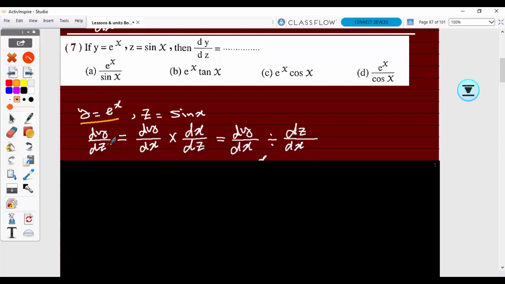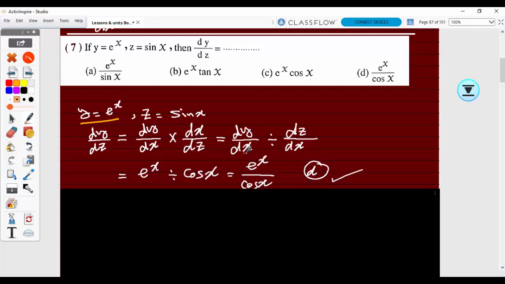To get dy dz, we'll make this differentiation: dy dx multiply dx dz. Again, dy dz equals dy dx multiply dx dz, or you can say it's equal dy dx divide dz dx.